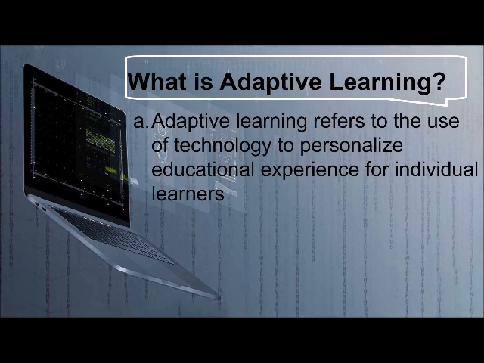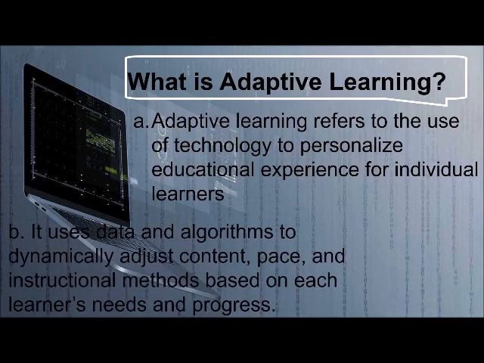Another is that it uses data and algorithms to dynamically adjust content, pace, and instructional methods based on each learner's needs and progress. So these technologies aim to adapt instructional content, pace, and strategies based on the specific learning needs, abilities, and progress of each learner.